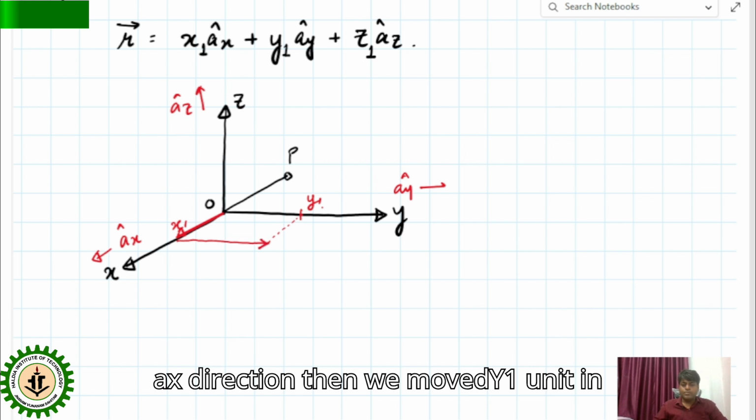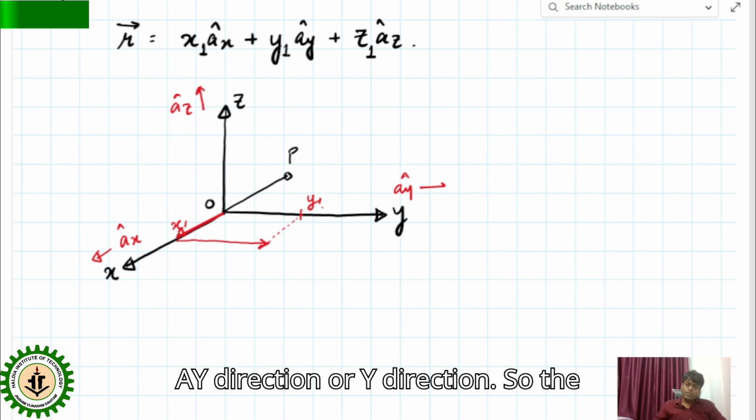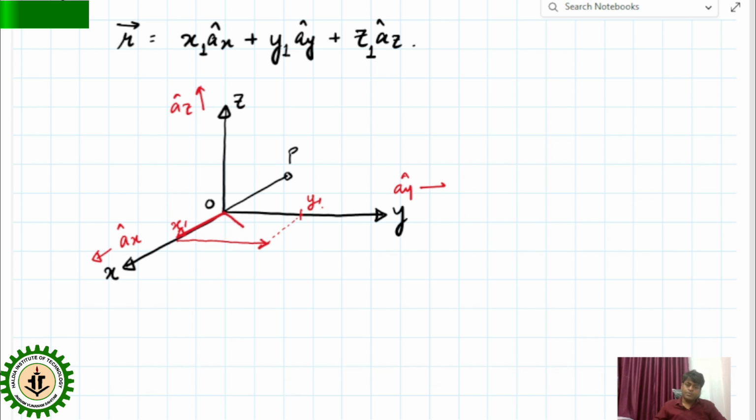Then we moved y1 unit in the ay direction, or y direction. So the vector summation of these two line segments will be this one. Okay.